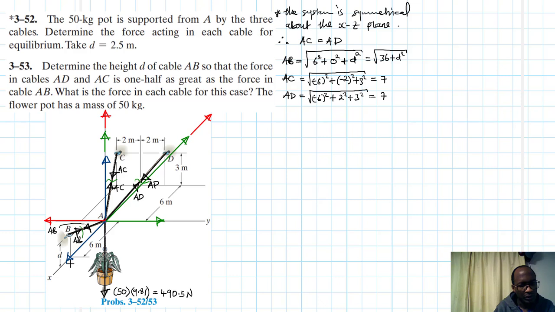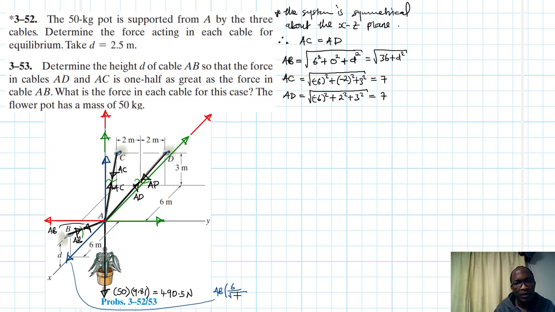So this one is going to be equal to AB by, what is the length along the x-axis? It is 6. And what's the hypotenuse or the length?